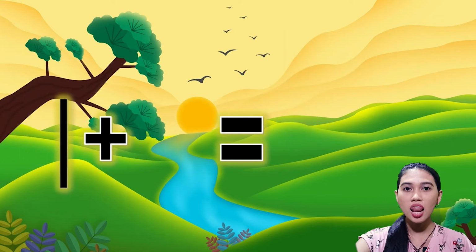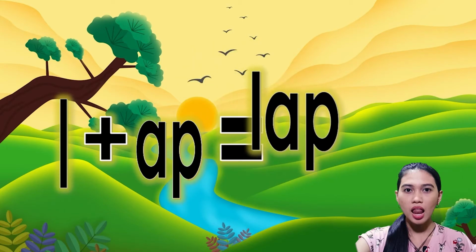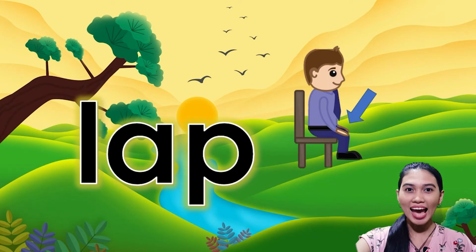L, l, l. Ap. L, ap, lap. Lap. Correct. Read it again. Very good. Lap.